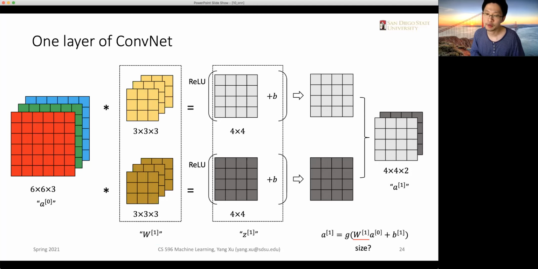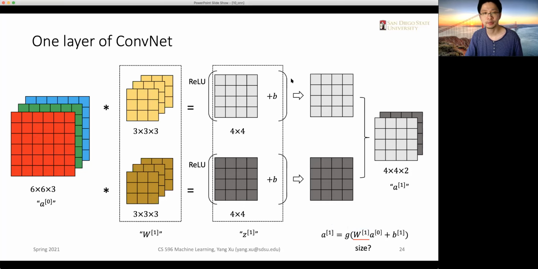The number of rows of W is the number of elements in A1, and the number of columns is the number of elements in A0. So it should be an N1 by N0 matrix for a regular network. It'll be different, of course, in a convolutional network.